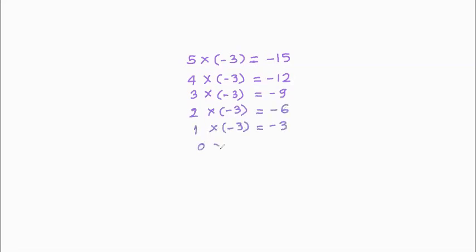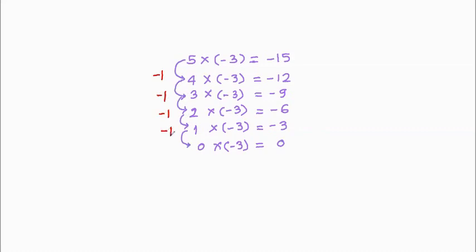And what is 0 into minus 3? 0 into any number is 0. Let's observe here. What I'm doing is, every time I'm reducing the multiplier by 1. So I'm doing minus 1 every time.